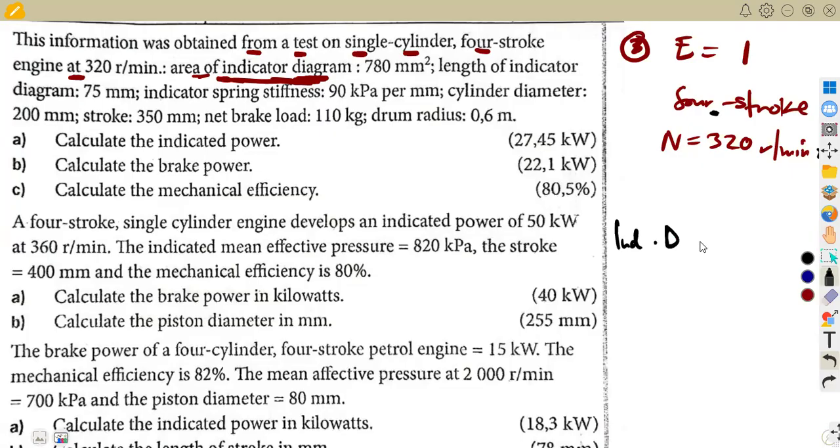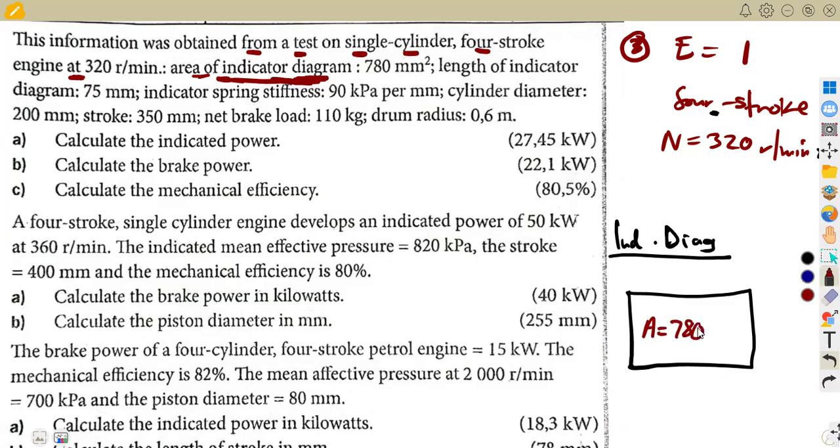We are given the area, which is 780 square millimeters. The length of the indicator diagram is 75 millimeters.